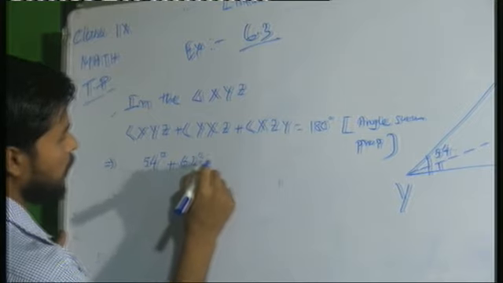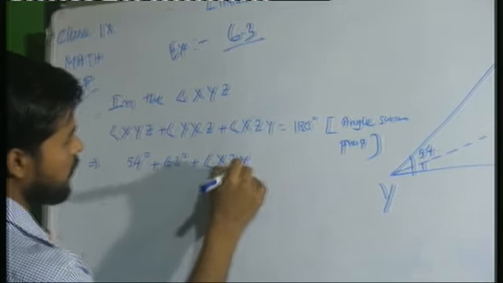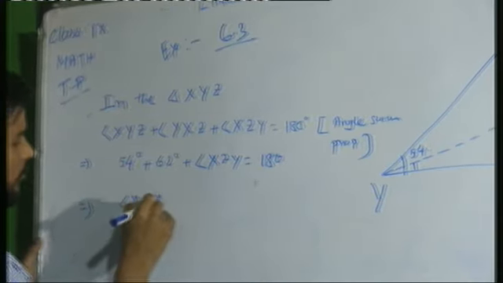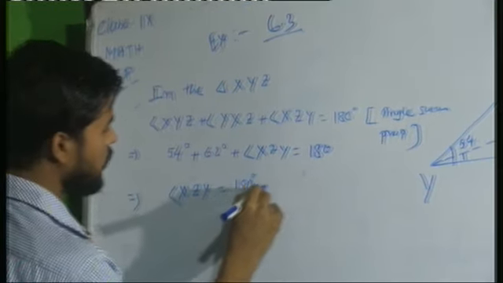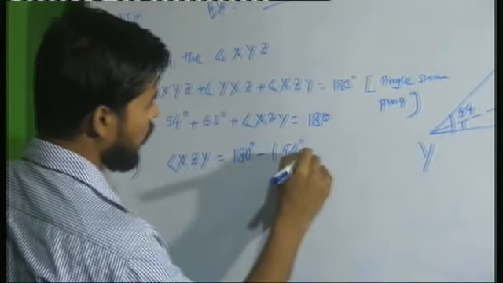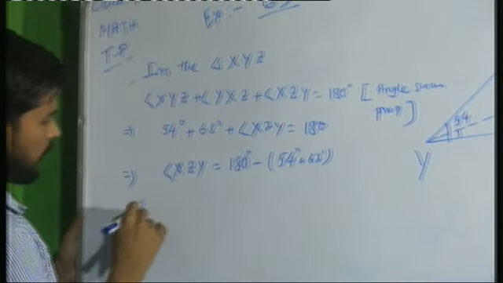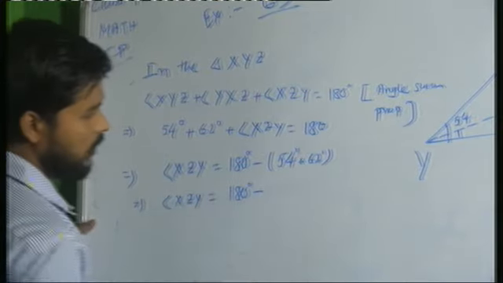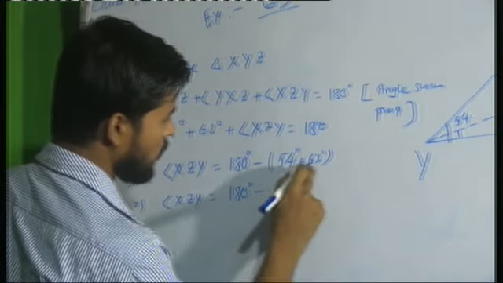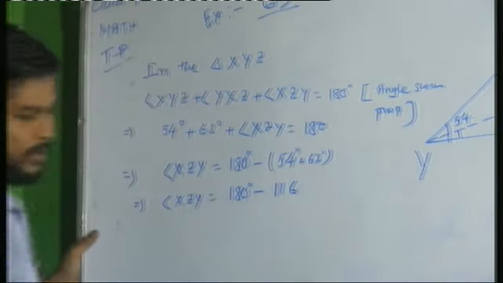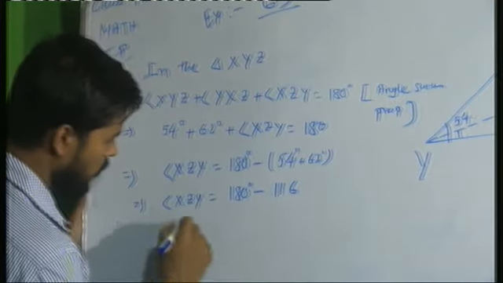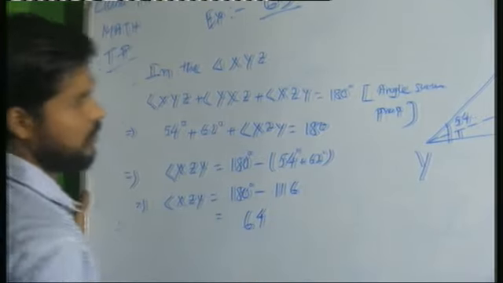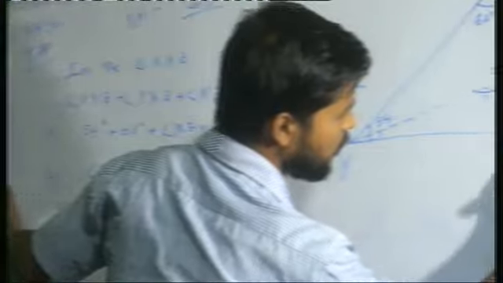This is equal to 62 degrees. And the value of angle XZY is unknown. So angle XZY is equal to 180 degrees minus (54 degrees plus 62 degrees). That means angle XZY is equal to 180 degrees minus 116 degrees. If I calculate it, it will be 64 degrees. So the value of this angle is equal to 64 degrees.